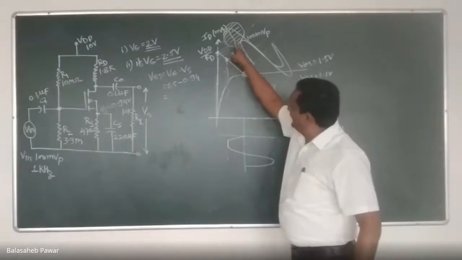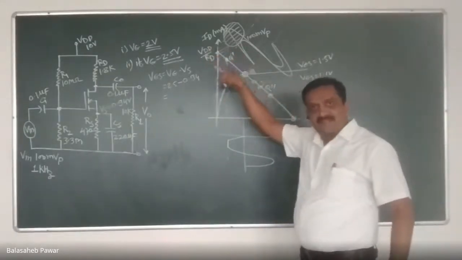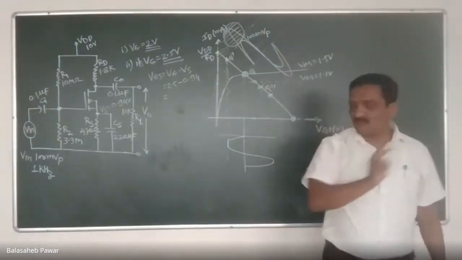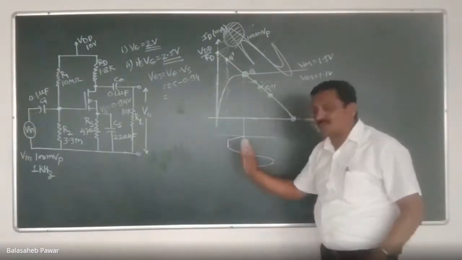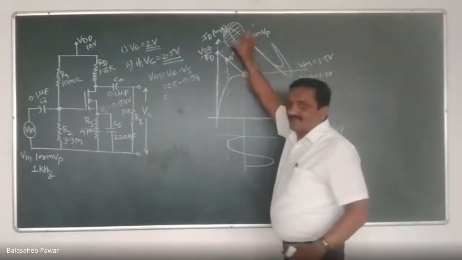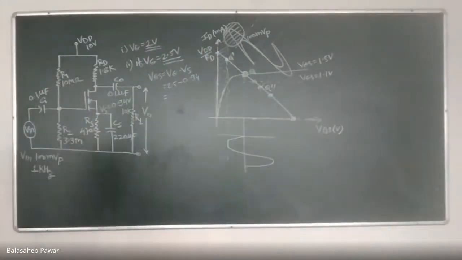Yes, sir. During the positive half of input only, as the transistor gets forced into its ohmic region, the drop across the transistor is almost closer to 0 volts. It remains constant. That means there will be clipping. This much information of the input signal gets lost, right?